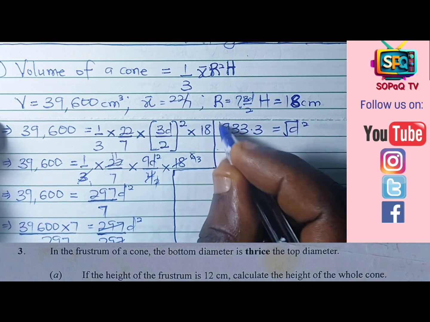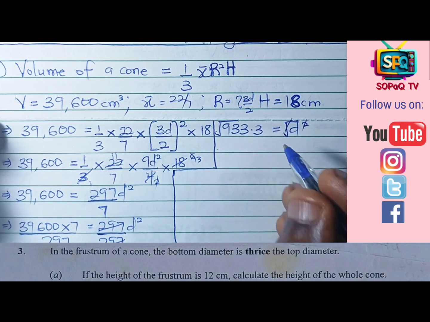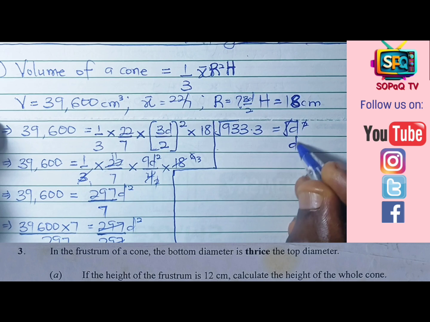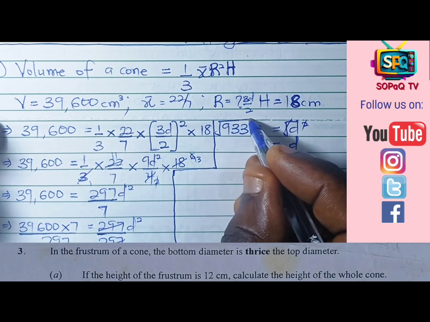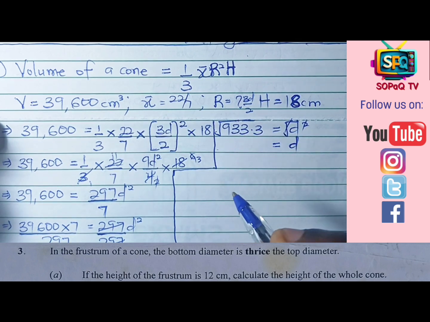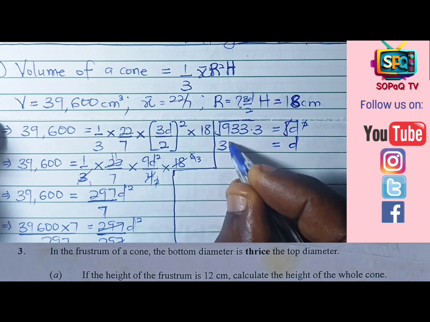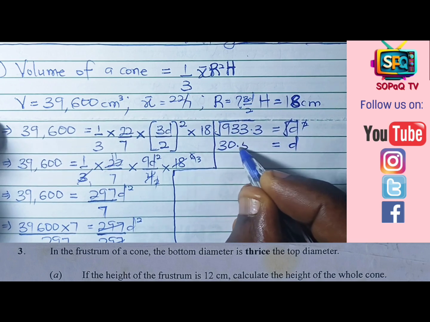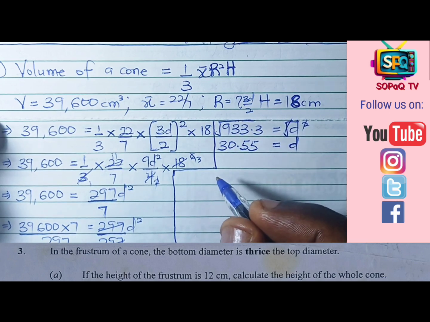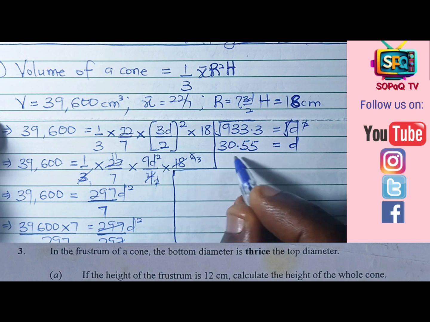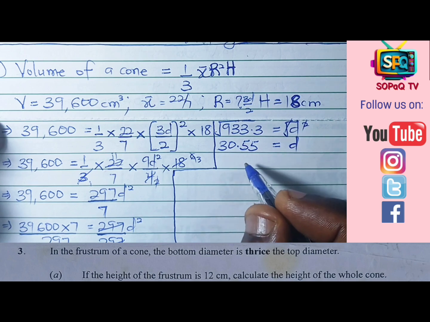Then we square root both sides to give us our d, and the square root of the whole of this will give us 30.55. That is when we consider it to four significant figures.